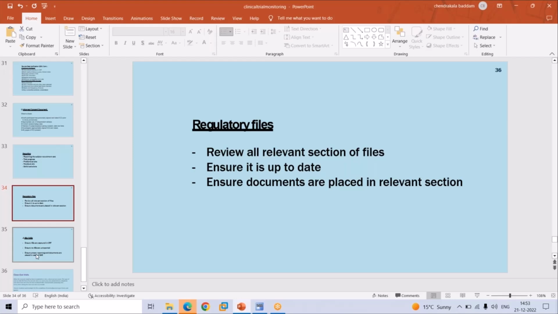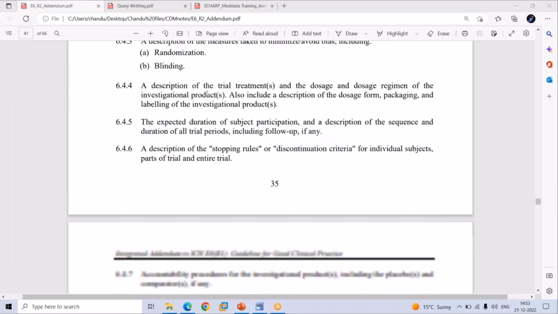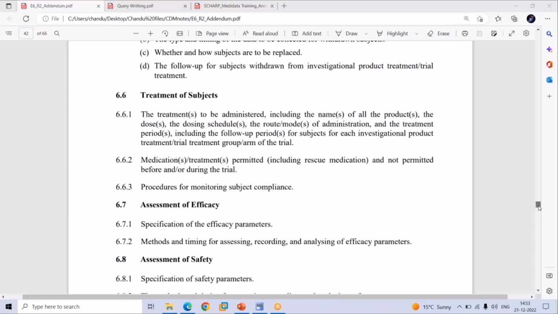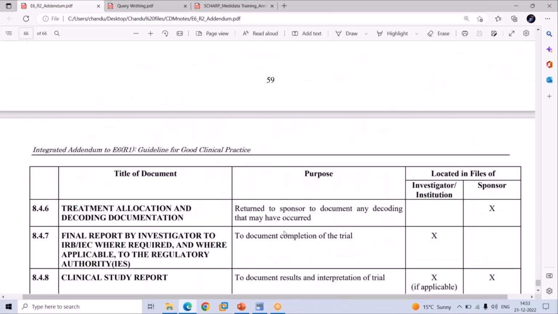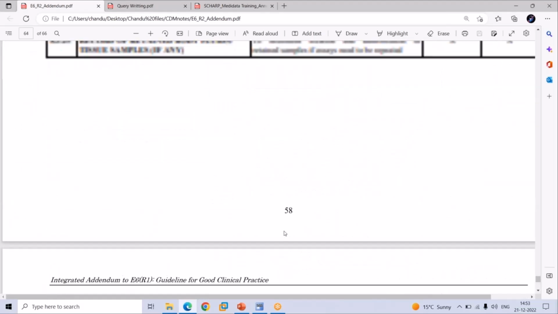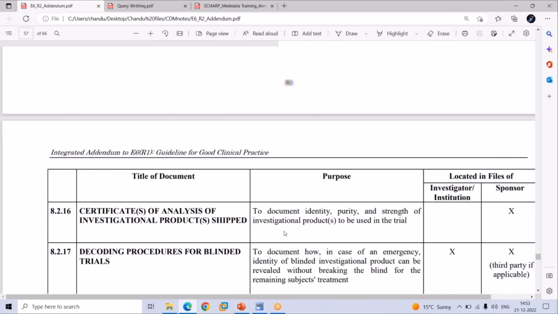For this point, they follow the E6 guidelines. Let me show you E6. In the E6, we have the last point, essential documents.